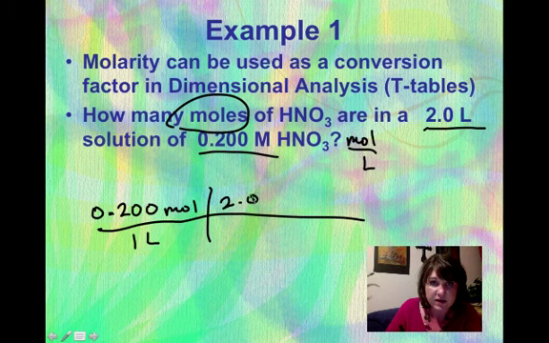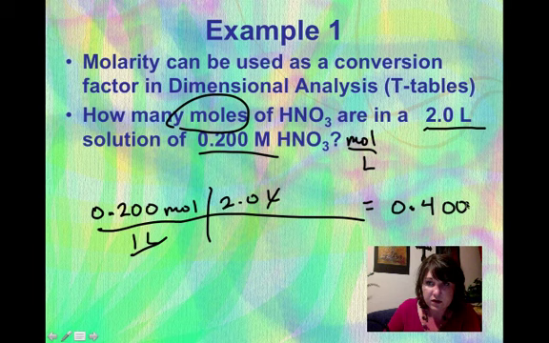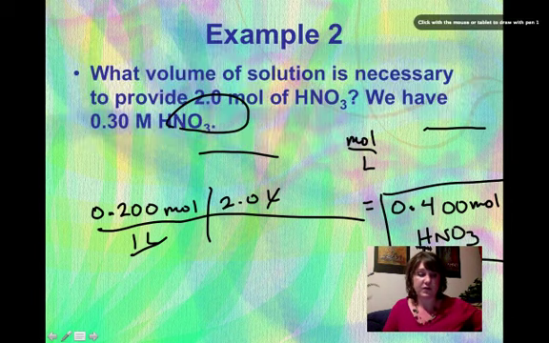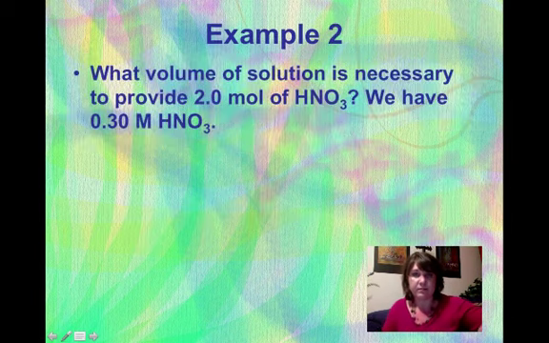I'm going to put that in my t-table so that liters cancels out. Okay, so we know we have 0.2 times 2 is 0.400 moles of nitric acid in that solution. That's it. Piece of cake, huh? Sure. Well, if it's not a piece of cake, try it again.